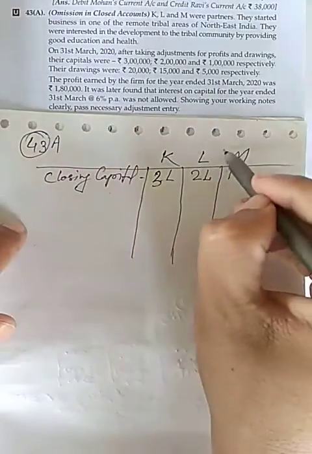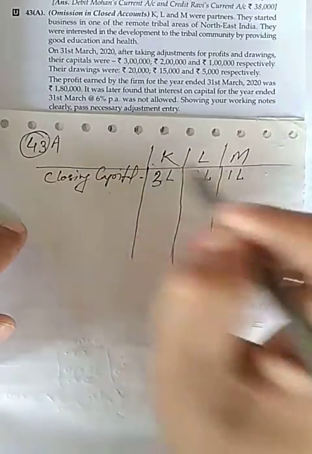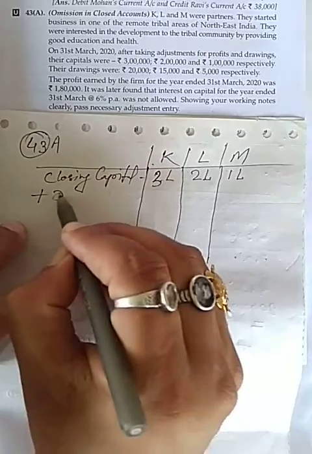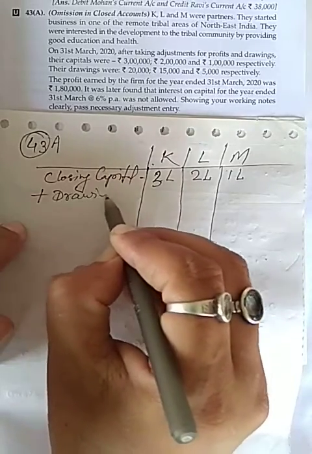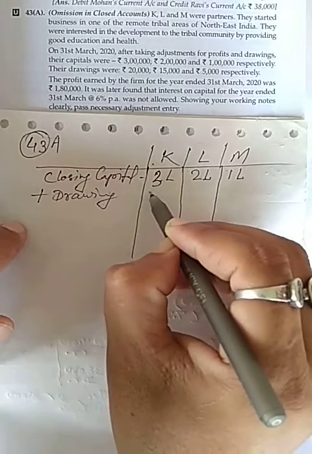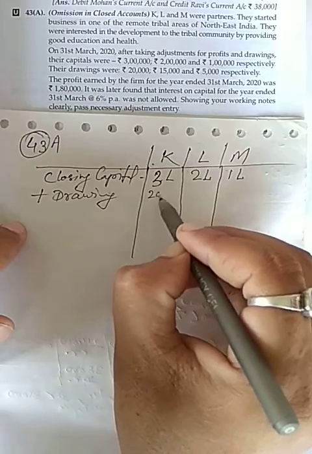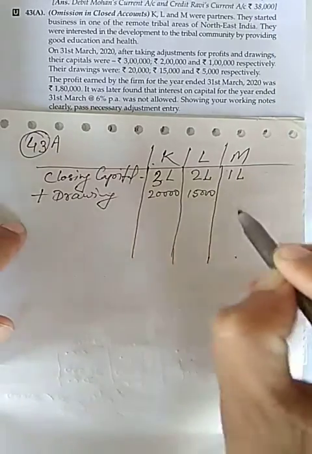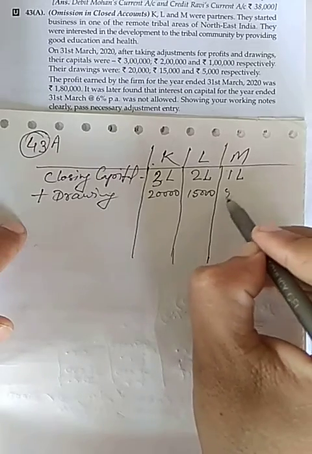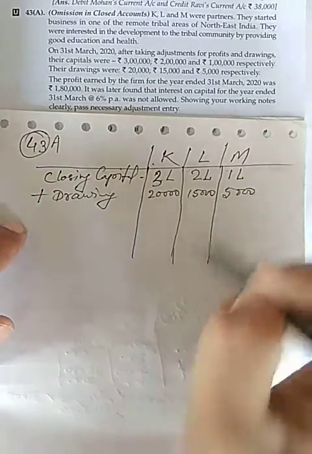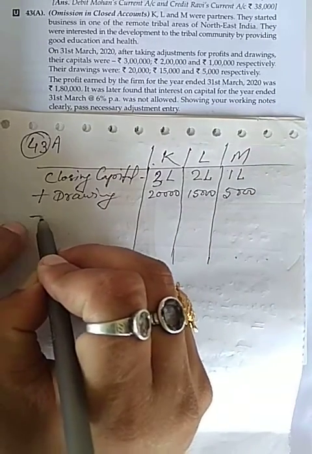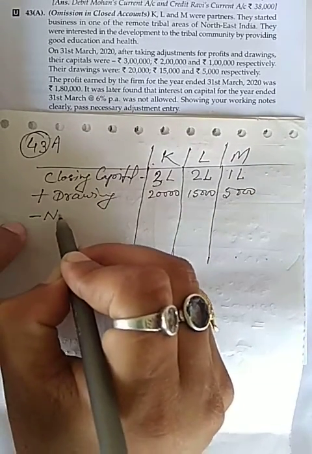Now I will add drawings, 20,000, 15,000 and 5,000 respectively as given, and minus net profit.